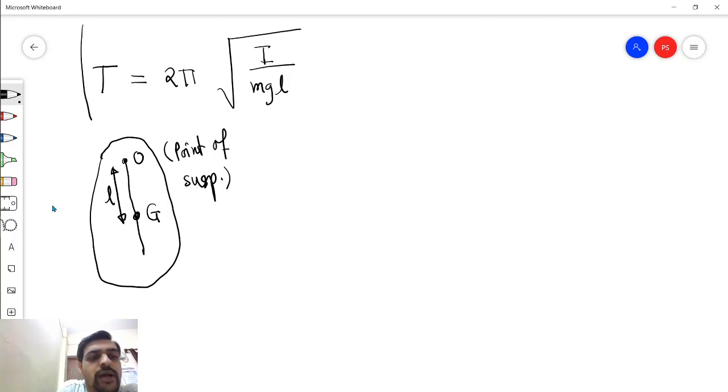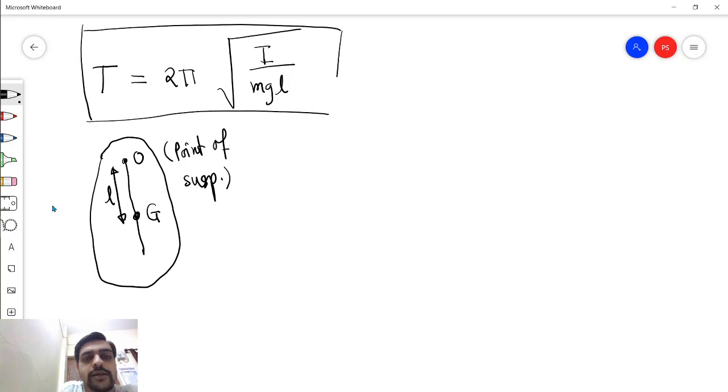Though this formula appears to be perfect, there is an issue when we try to apply this formula in practice.